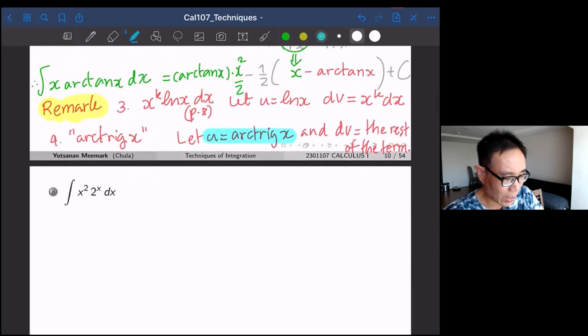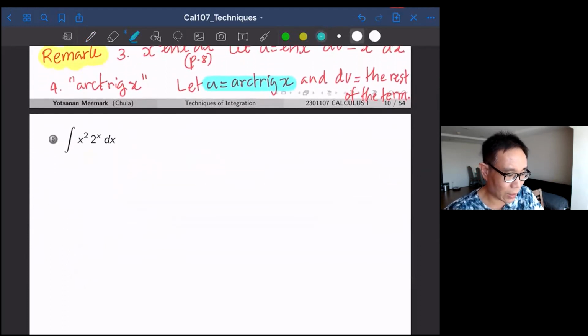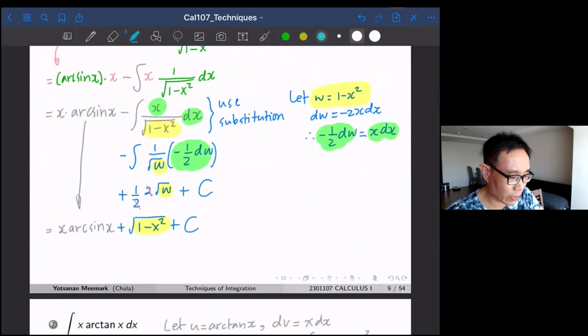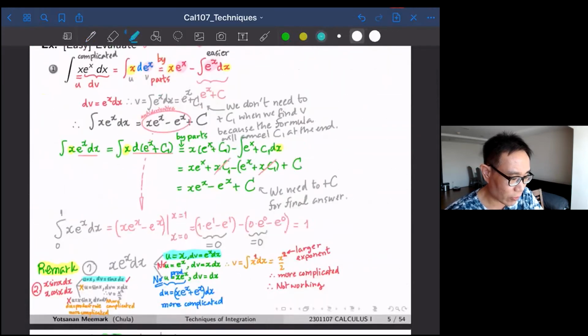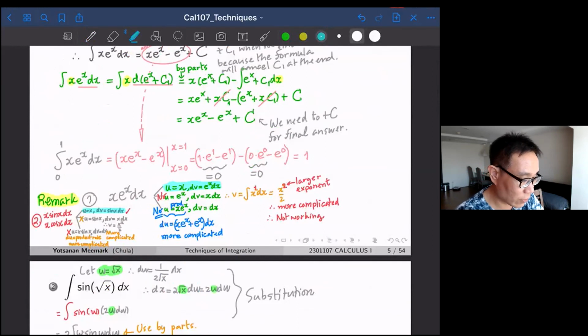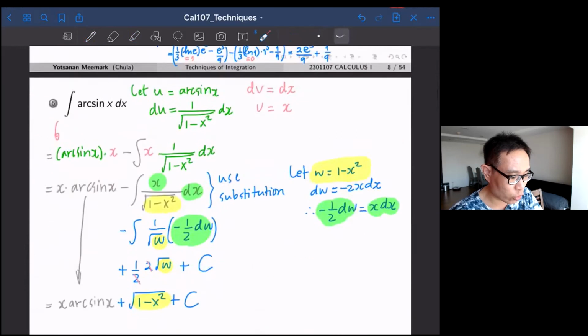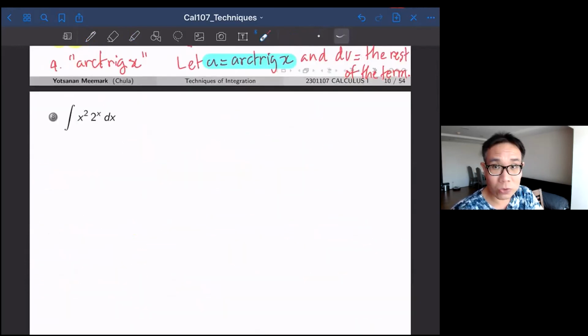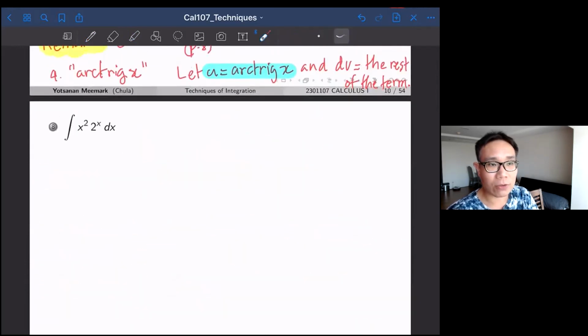And the next one falls into the first case. In the first case, you had e to the x before. Now you have 2 to the x. So in this case, it's followed because they are exponential functions.